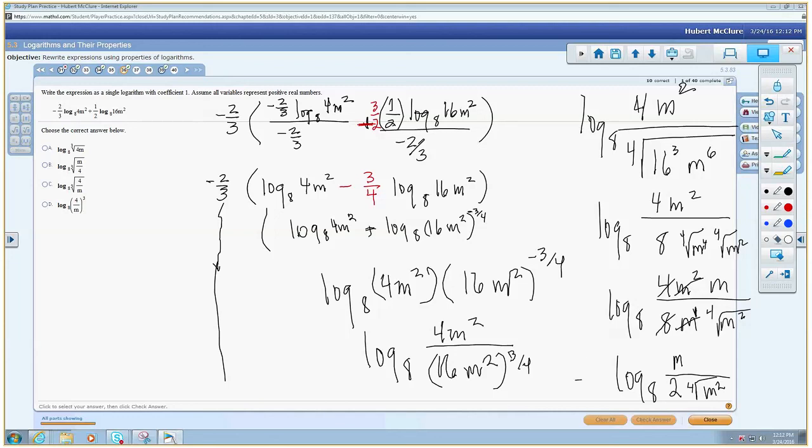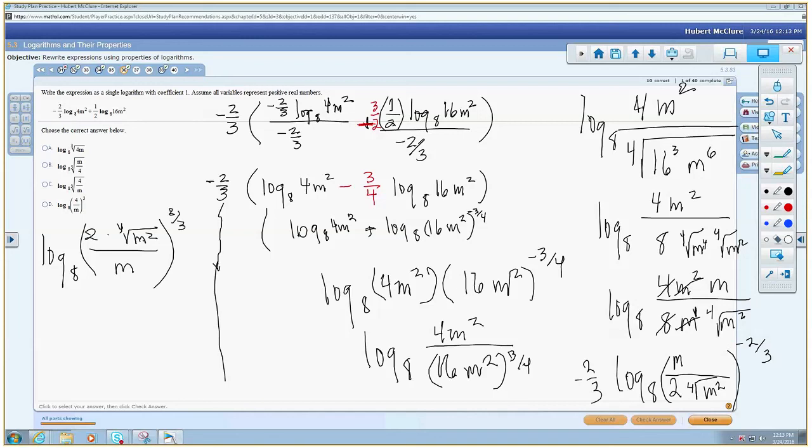So that negative 2/3 can come back into this, and this is to be to the negative 2/3. So if we wanted to make this a positive 2/3, what would we do to the inside? Flip it. And that's going to be log base 8 of 2 fourth root of m squared over m, somebody help me out, make sure I write it down right, raised to the what? 2/3 power?